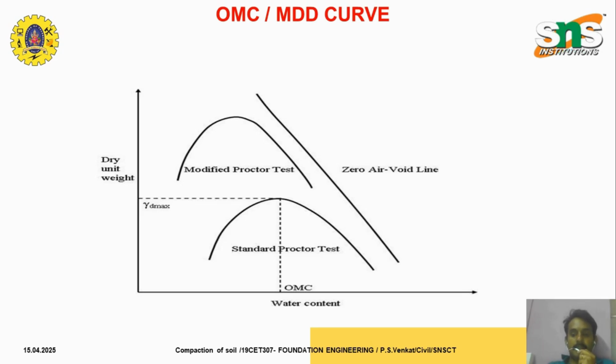So this helps the air voids get replaced by water and produces a compactive effort. This understanding is critical for determining the moisture level required in the field before using rollers.